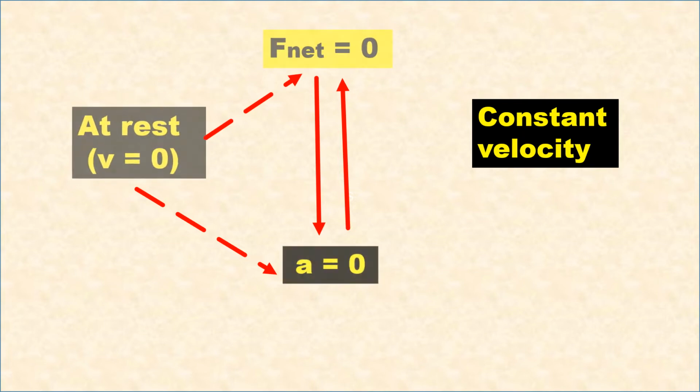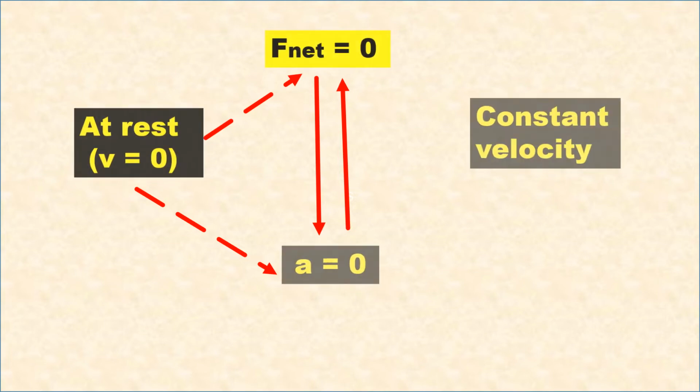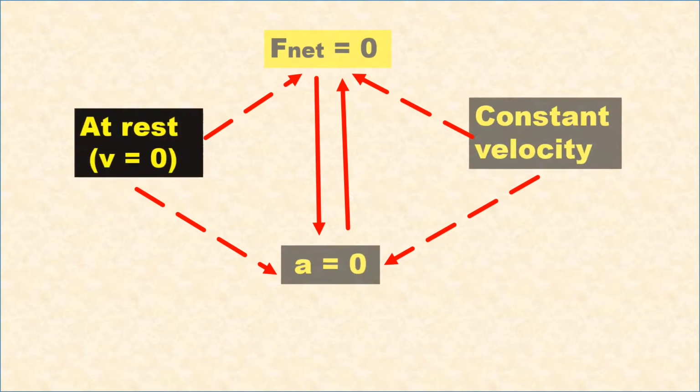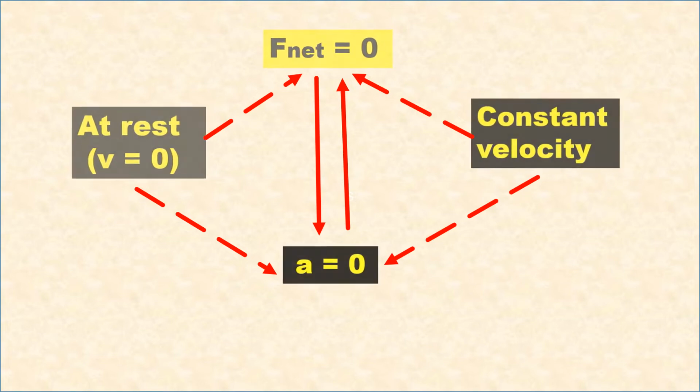Now, in the case of a body with constant velocity, it is because there is no net force, and constant velocity can also mean that the acceleration is 0.